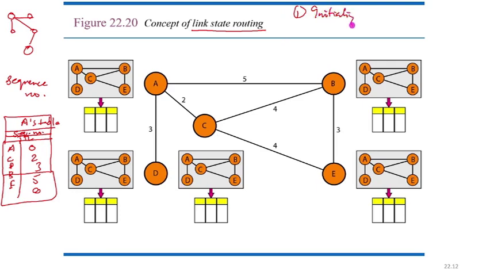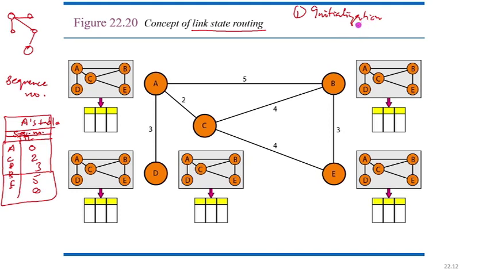In link state routing, the initial routing table will be prepared with respect to each of the routers. The first step here will be initialization. In the previous one also we have seen initialization. Each of the routers will be preparing its own routing table, called the link state routing table. It will have the neighbors' information, and since A has no direct path with E initially, it will have infinite as the cost.